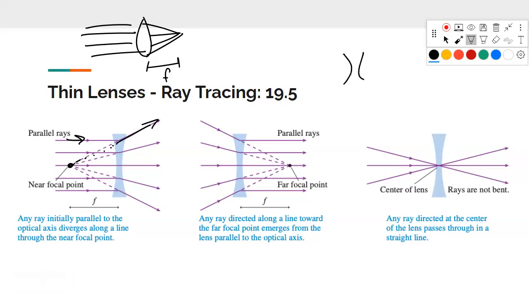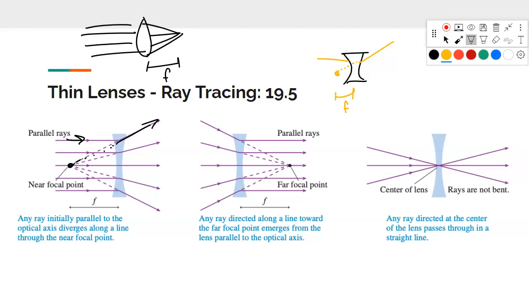So if we have a diverging lens and we want to draw what happens to a parallel ray when it hits it, well, it's going to spread out, and it's going to be the line spreading out such that it would pass through that focal point on the near side.